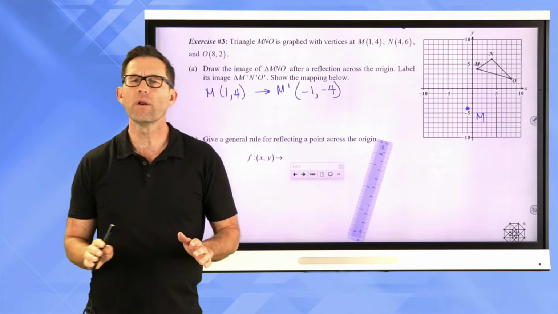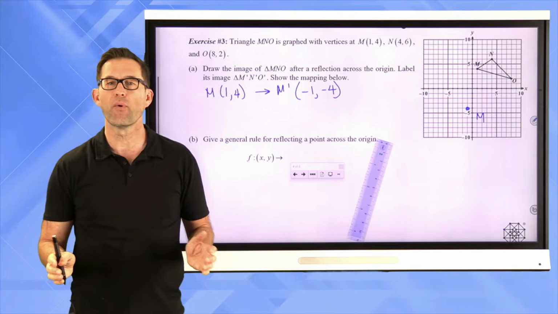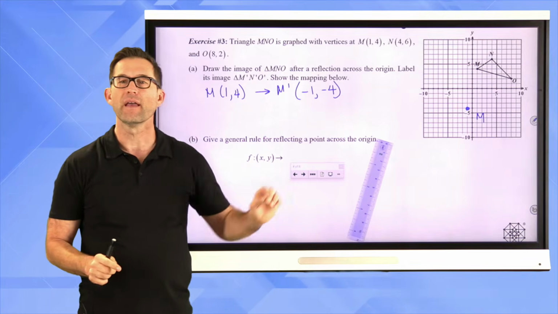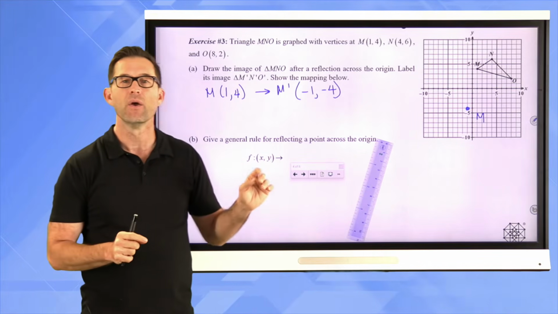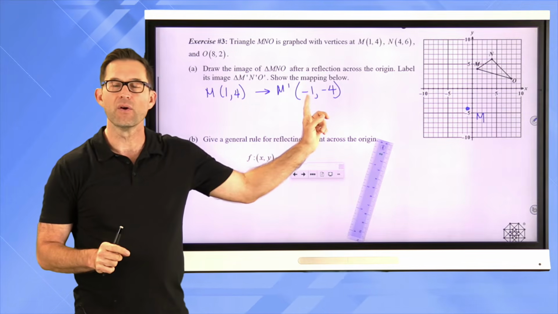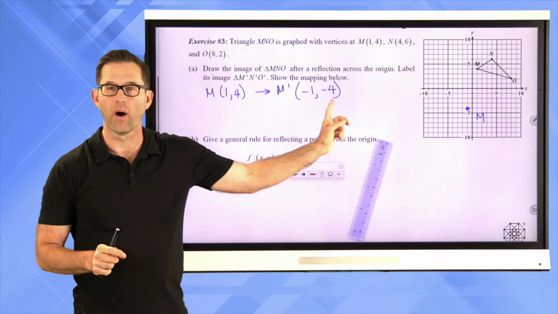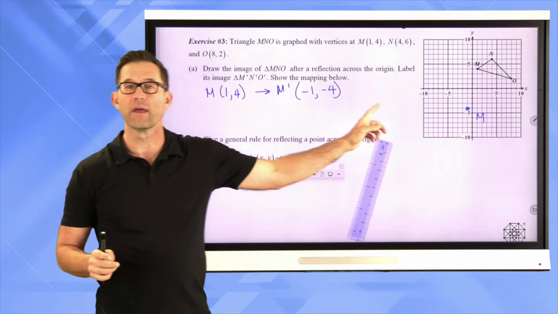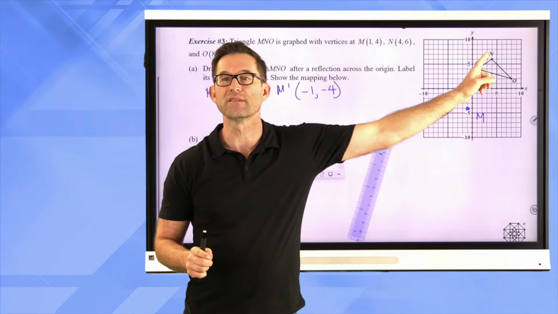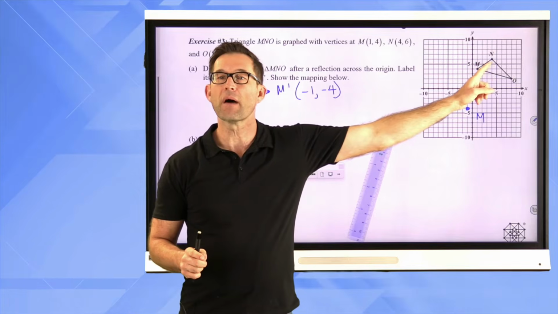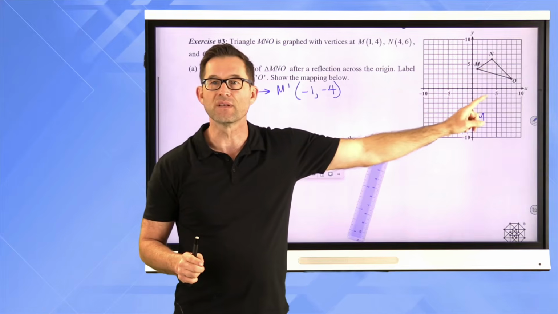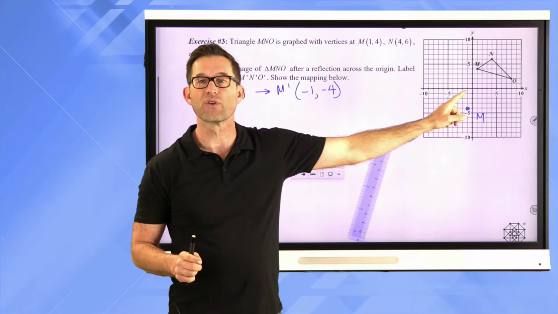And in fact, one of the beautiful things about point reflections is that the pattern that we see here is going to occur again and again, which is that (x, y) is simply going to go to (-x, -y), right? And think about it for a minute, right? Here I've got point N, right? It's at (4, 6), right? So if I was thinking about how to go from N down to the origin, I would go 6 units down and 4 units to the right.